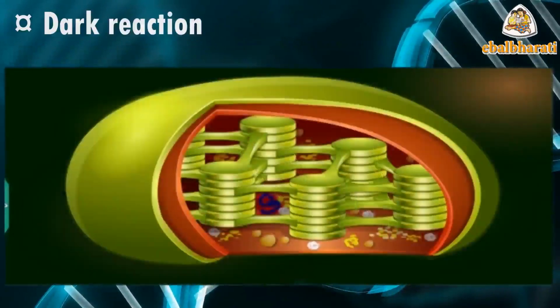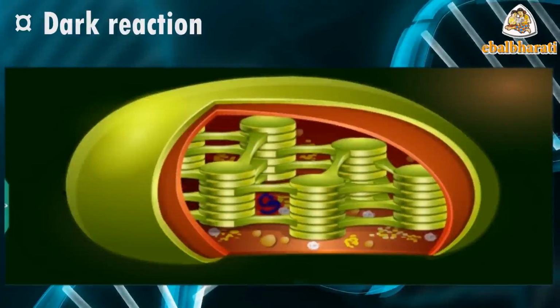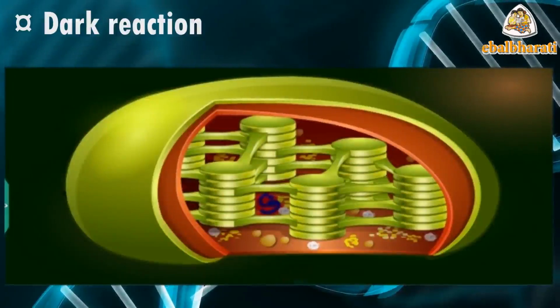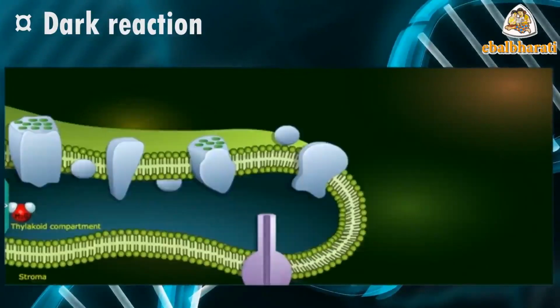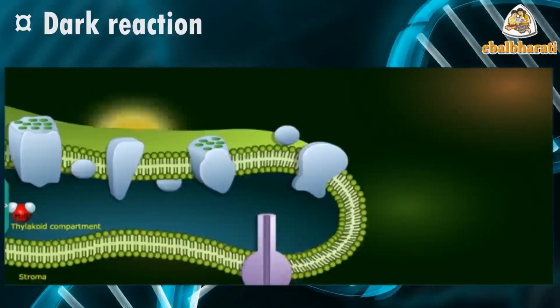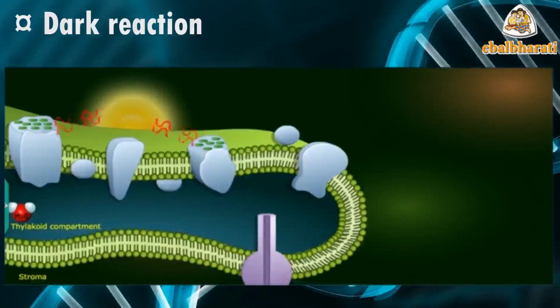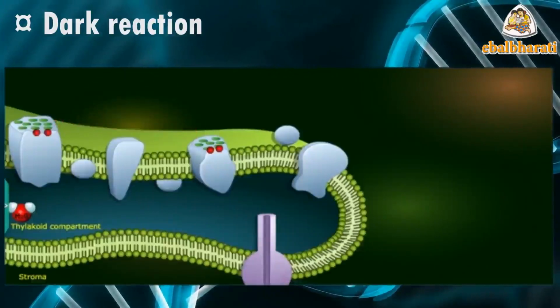Dark reaction. Carbon fixation occurs in the stroma by a series of enzyme catalyzed steps. Molecules of ATP and NADPH produced in the thylakoids, that is the light reaction, come into the stroma where carbohydrates are synthesized.